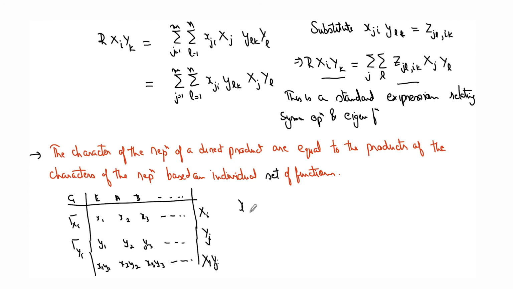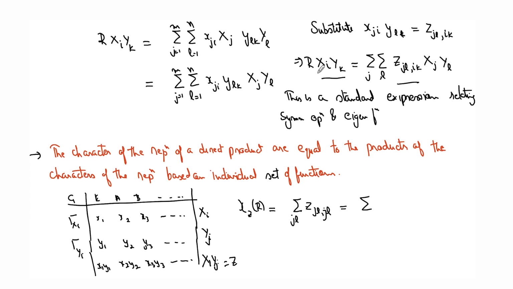So let's say we want the character of z. If x and y are individual sets of functions that form the basis, then the direct product is called z. So the character of z under any symmetry operation, let's say any symmetry operation E, A, B, C, and so on, is given by summation over small z, that is jl, jl, and now this can be written as a summation.